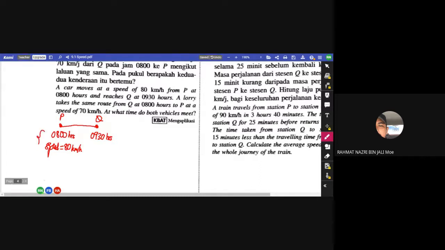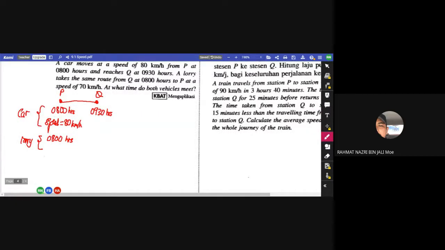The first situation, we have the car. This is the car speed. And then we have the lorry, with the same starting time, 0800 hours. And its speed is 70, which is slower than the car, 70 kilometer per hour.